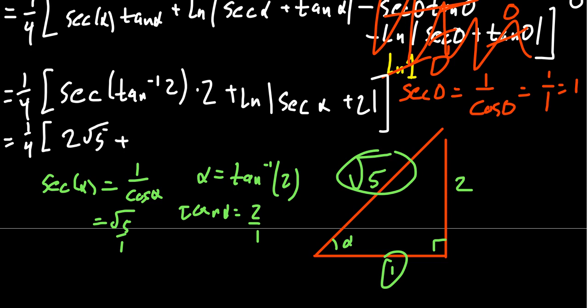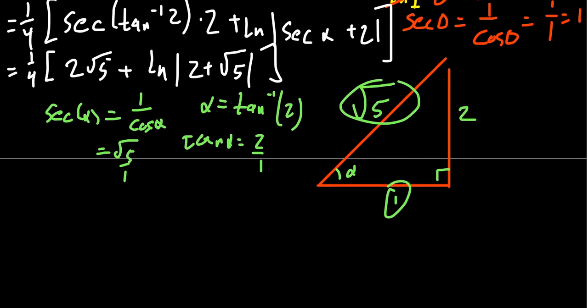Then you're going to get the natural log of the absolute value of 2 plus the square root of 5, like so. Now, 2 plus the square root of 5 is already a positive number. You can distribute the 1/4 through if you so choose. And so to finish this thing off, we're going to get the square root of 5 over 2 plus 1/4 the natural log of 2 plus the square root of 5, like so.